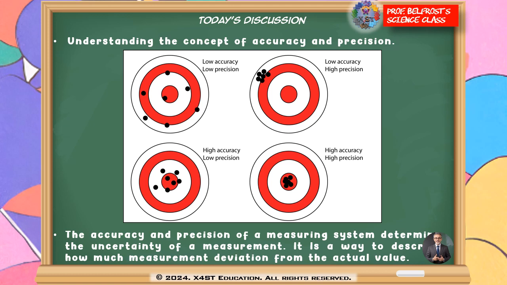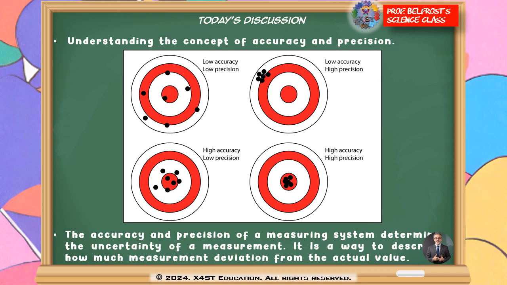There are 1, 2, 3, 4, 5, 6, 7 measurements that we make to determine a certain place on the map using GPS. Let's see the top left picture.